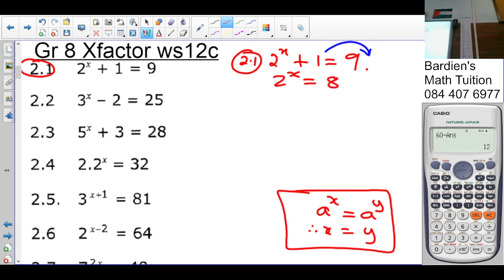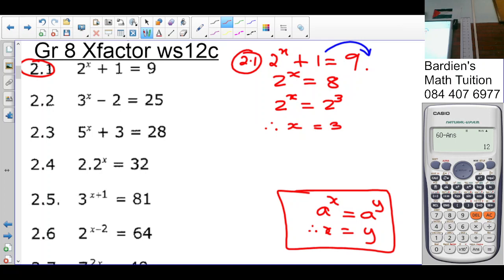Now solve for x there. So I can say 2 to the x is equal to 2 to the 3. Therefore, x is equal to 3.